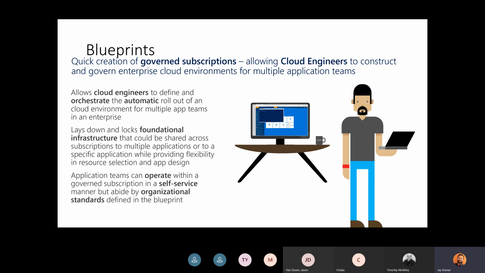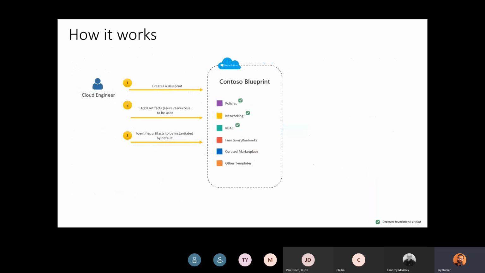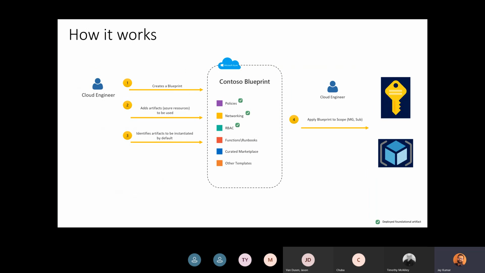In the next slide, it provides you all the components that can be managed through the blueprints. It can provide policies, networking, RBAC, and runbooks, all kinds of things stamped into one blueprint. Once you create the blueprint, you can pick and choose any of these things and save it.